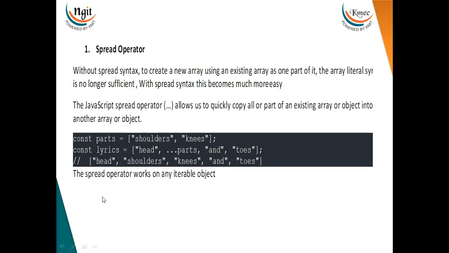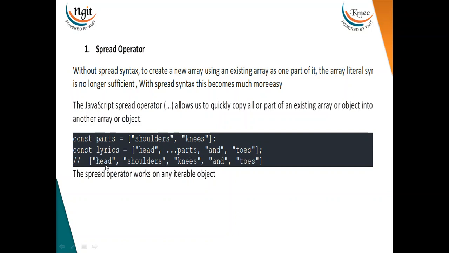If you see, this is an example. Constant parts is an array which has 2 elements, that is shoulders and knees, two string elements. Constant lyrics equals to head. I am adding using a spread operator, that is 3 dots, spread operator of parts array and the other 2 elements of the lyrics array.